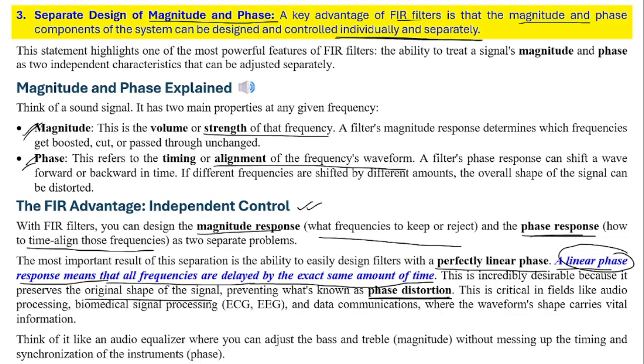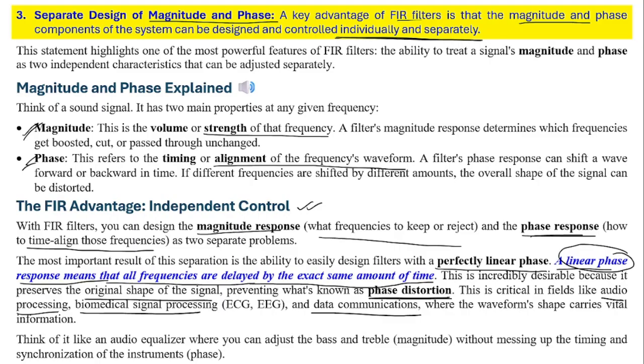This kind of linear phase filter is very important in signal processing, including audio signal processing, biomedical signal processing, and data communication. So what does this mean? This means that suppose you have an ECG signal. What do you mean by phase?